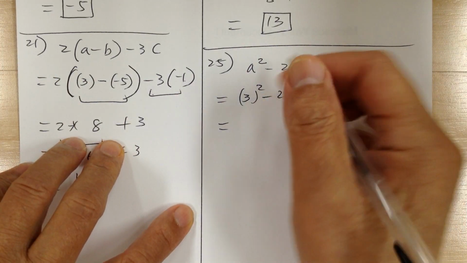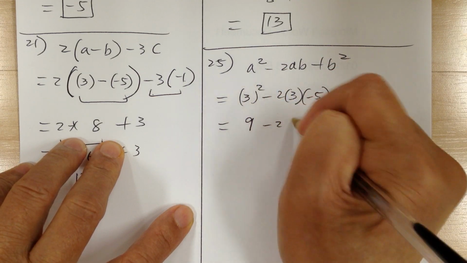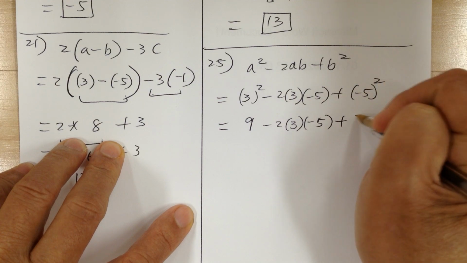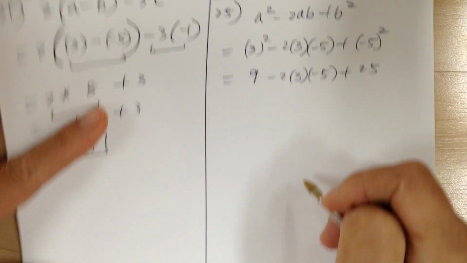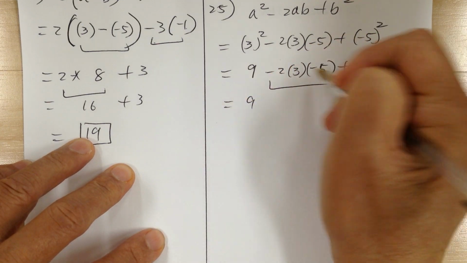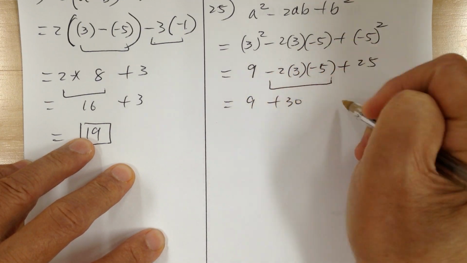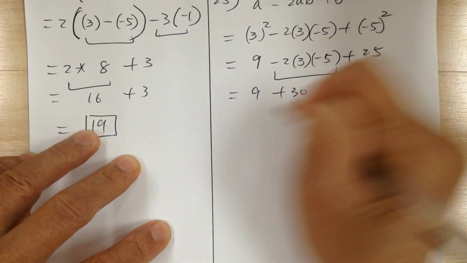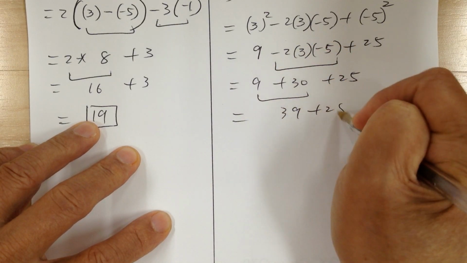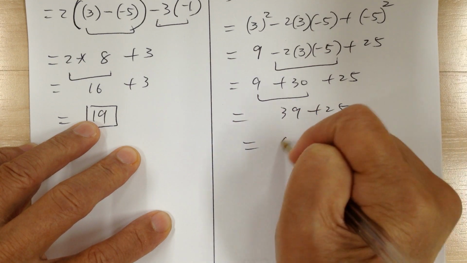The next step is let's do the square. We can do one step at a time, and this will give me 25. So we do the square, and then we do the multiplication. And this will give me 39, and this will give me 64.